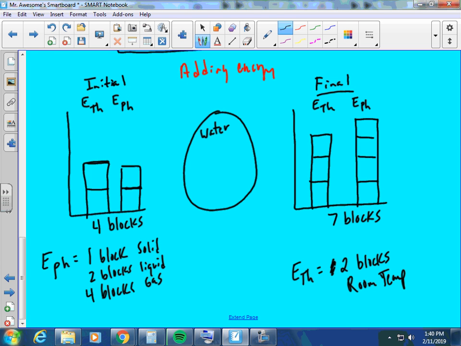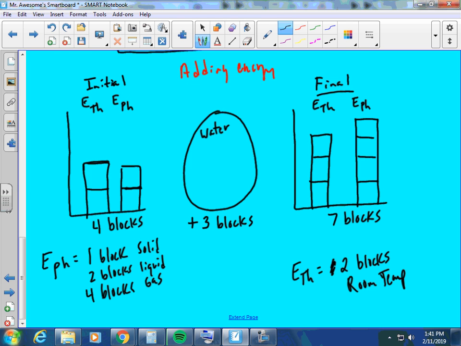Were blocks added or removed? We added 3. So this gives us an idea of 3 units being transferred energy-wise, which is quite a bit, especially when we think about what Owen just brought up about there not being much of a change in temperature, is there?